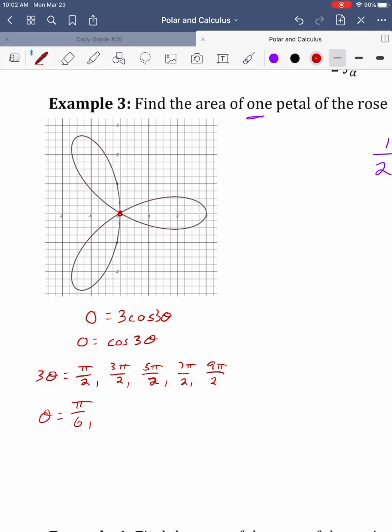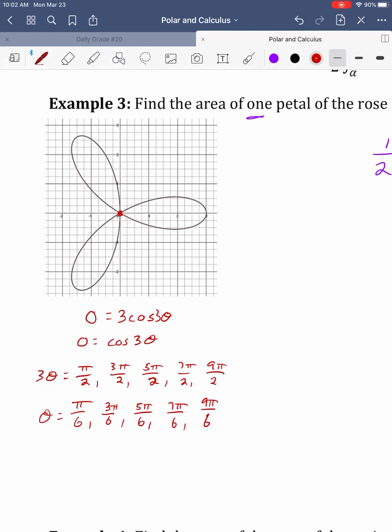and then 3 pi over 6, which is pi over 2, 5 pi over 6, 7 pi over 6, 9 pi over 6, which is 3 pi over 2. So that's enough. What I have here are the places where this thing starts.